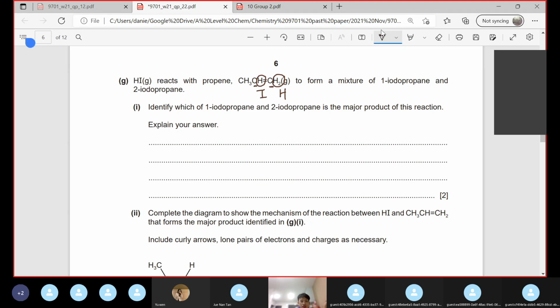So which one is your major product? 2-iodopropane. Okay, 2-iodopropane is the major product.